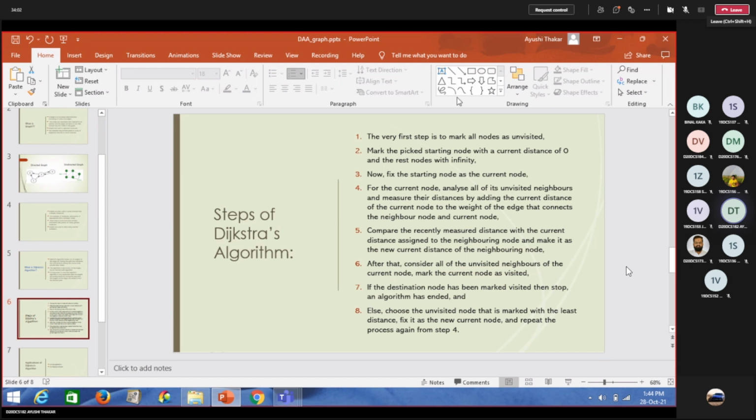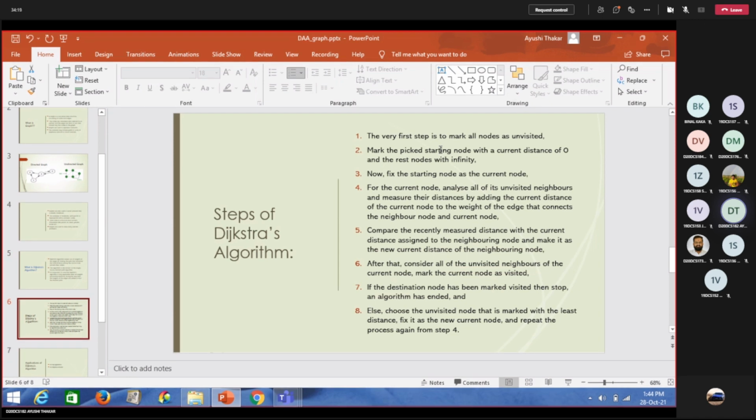First, we have to mark all the nodes as unvisited. After that, we pick the starting node with a current distance of 0 and the rest of the nodes with infinity, and fix the starting node as the current node.